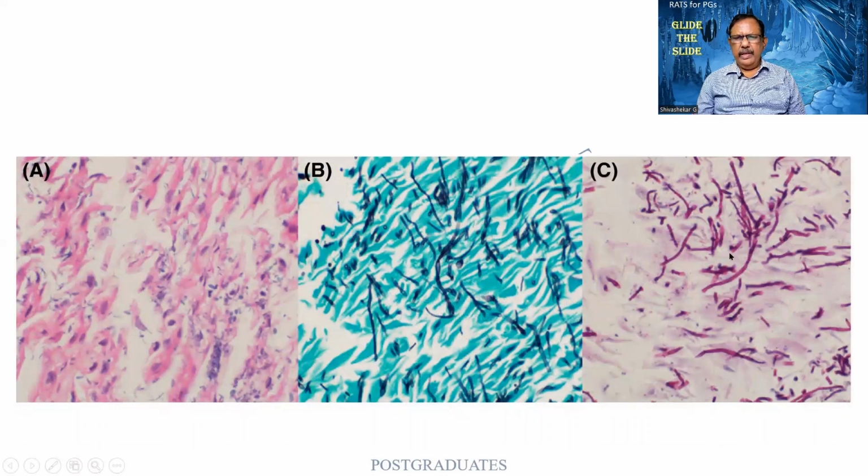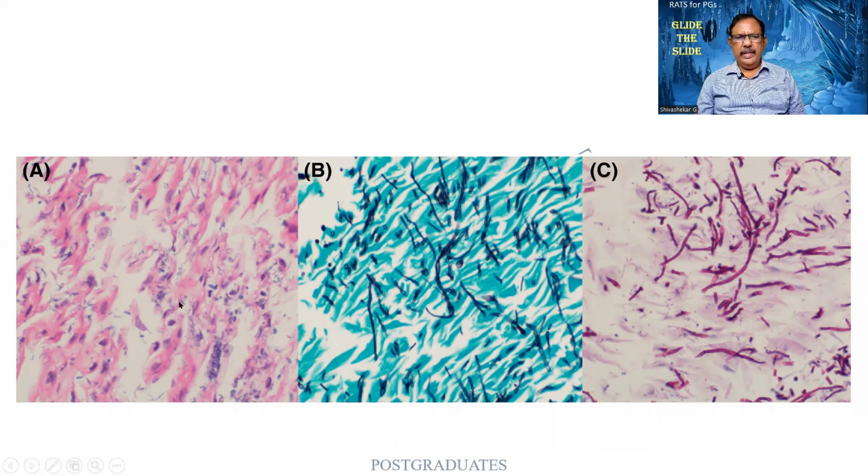So there is a PAS and a methenamine silver, which are able to make out the diagnosis crystal clear. I am finding long, filamentous, almost never branching fibers, slender. And there is necrotic debris. Other inflammatory infiltrate is not very obvious.